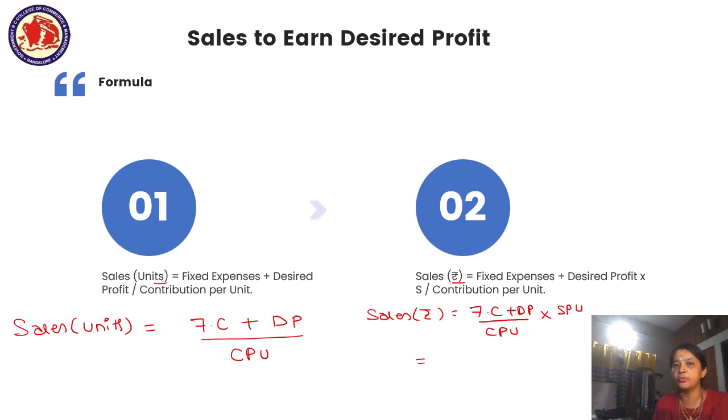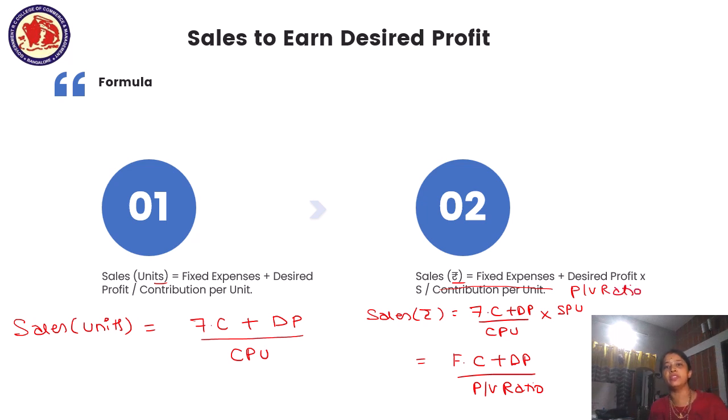Or depending on the information given in the question, if you don't know selling price per unit, you will take fixed cost plus desired profit divided by PV ratio. This is not contribution per unit. This is PV ratio.